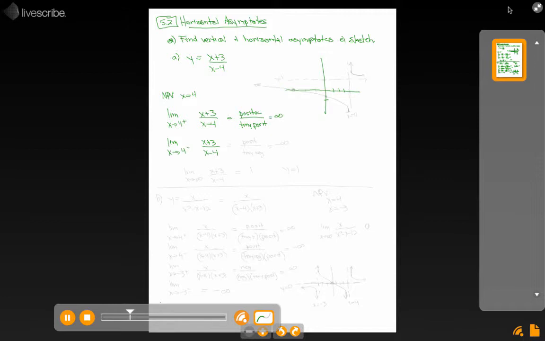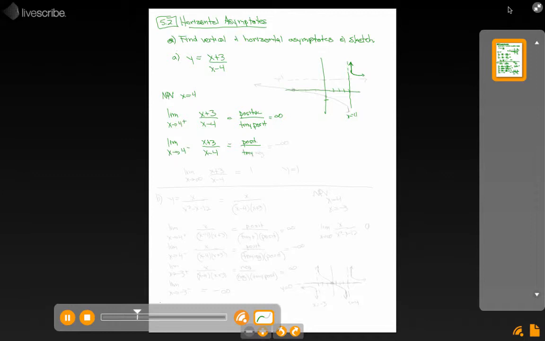So as x approaches 4 from the right, I do have a vertical asymptote.